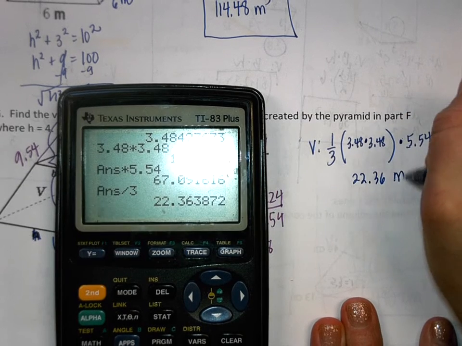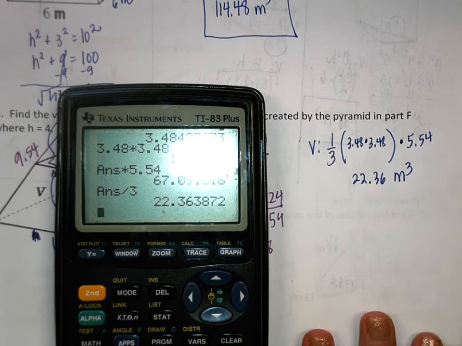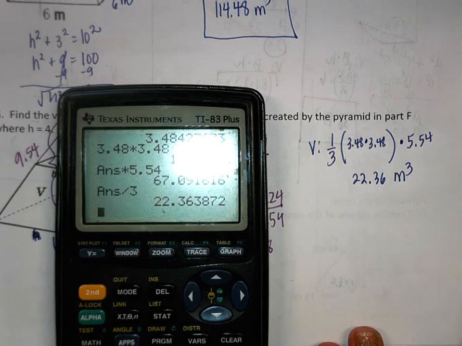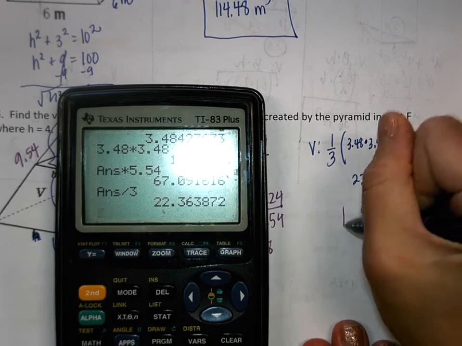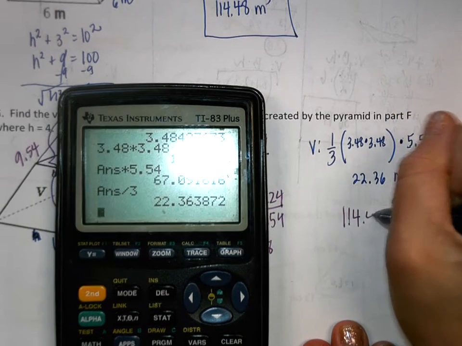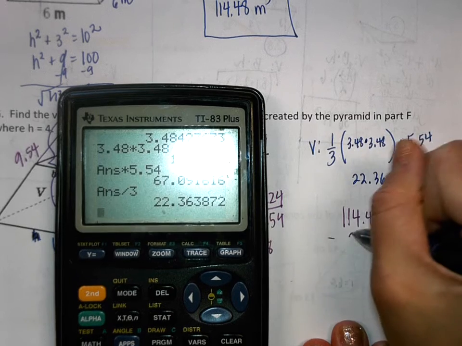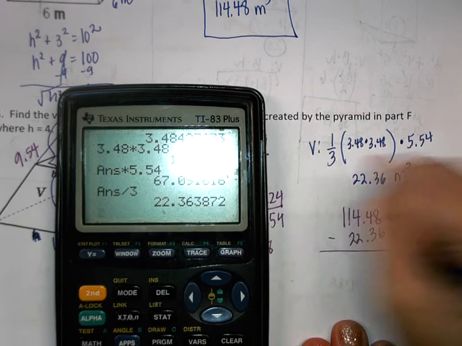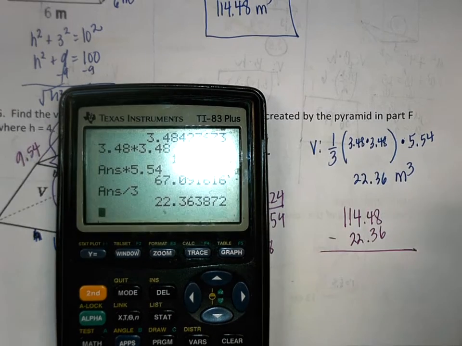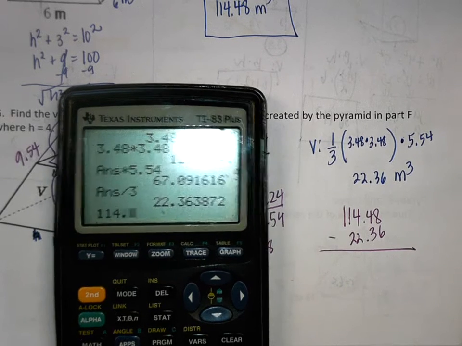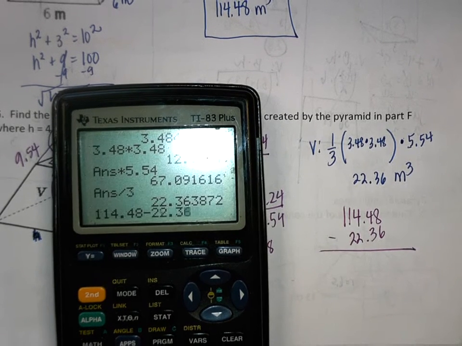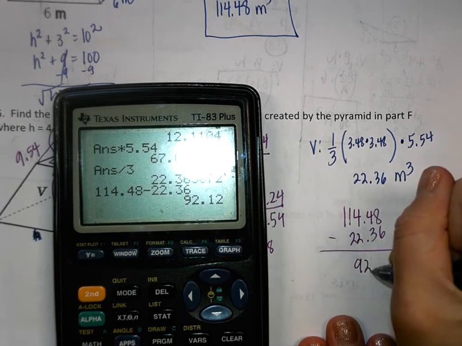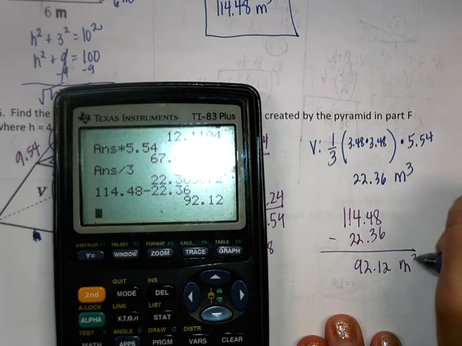meters cubed. Now, is that my final answer? No. What do I do? Good. 114.48 minus 22.36 will give me the volume of that truncated pyramid. So 92.12. Very good. 92.12 meters cubed.